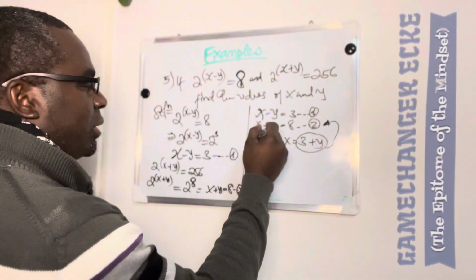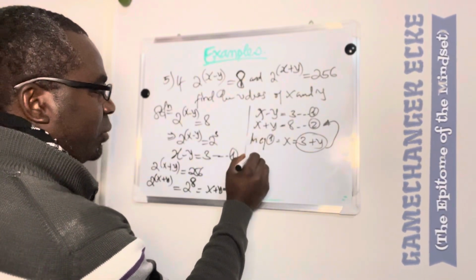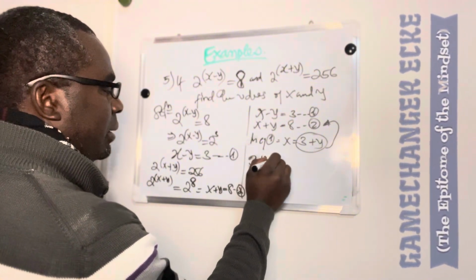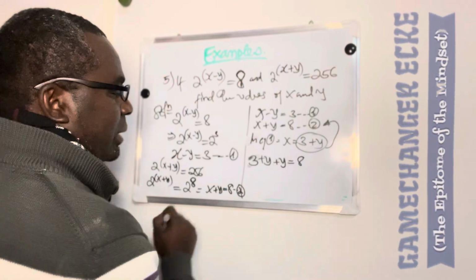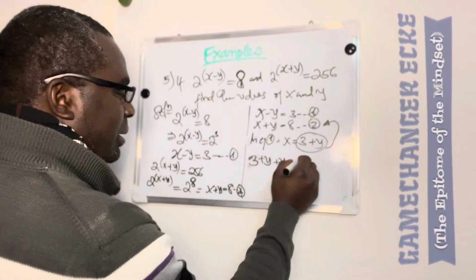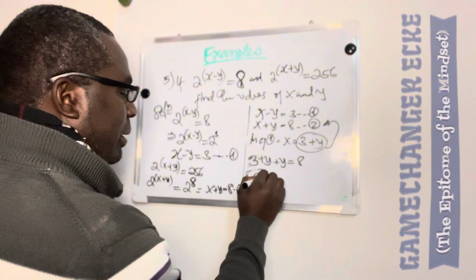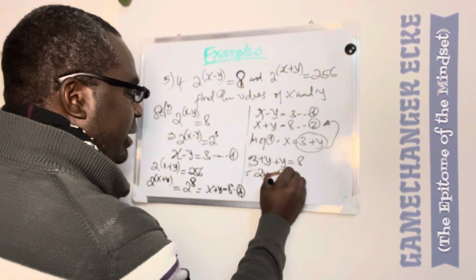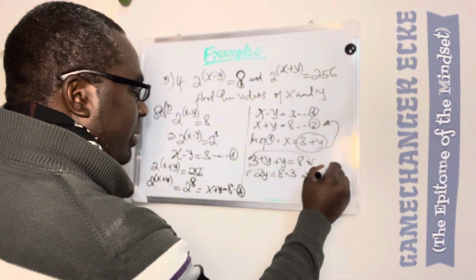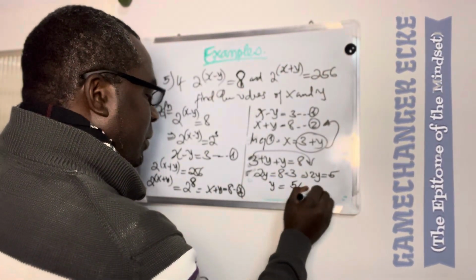Equation 2 will now look like 3 plus y plus y is equal to 8. So 2y is equal to 8 minus 3, if you take 3 to this side. 2y is now equal to 5, where y is equal to 5 on 2.